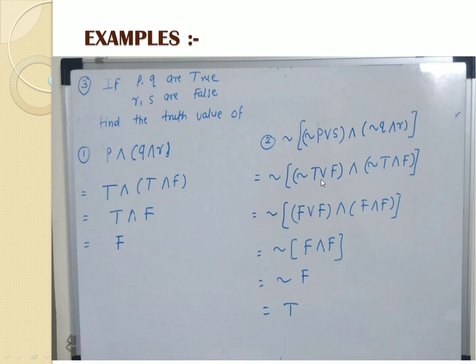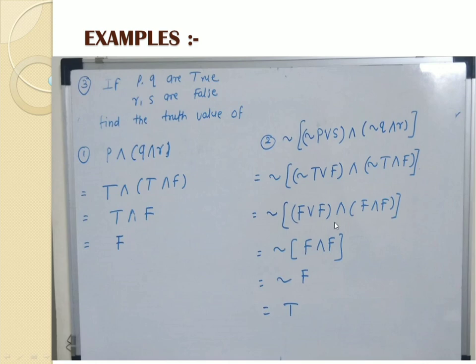So negation of, again negation of T is F, disjunction F. And negation of T is F, and F. Now here first bracket, F disjunction F. Now the property of disjunction is if both the statements are false, then the value is false.